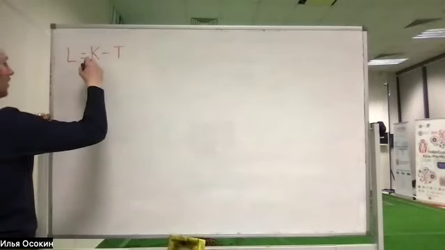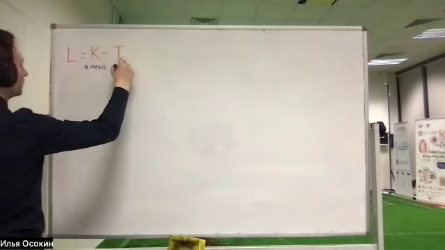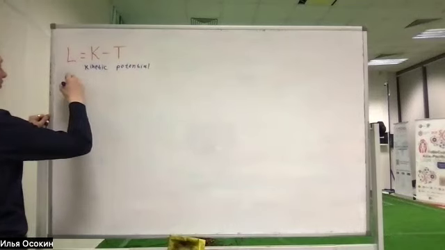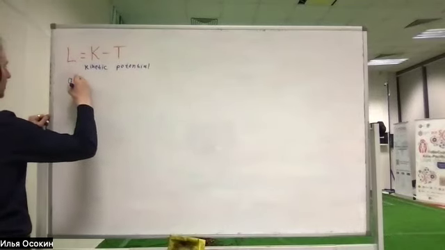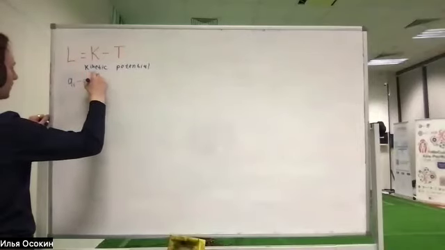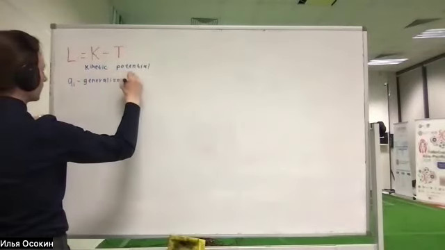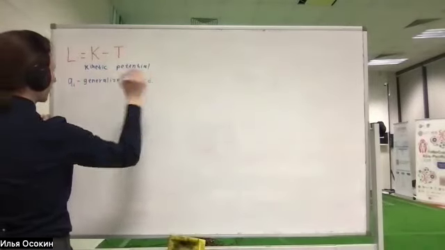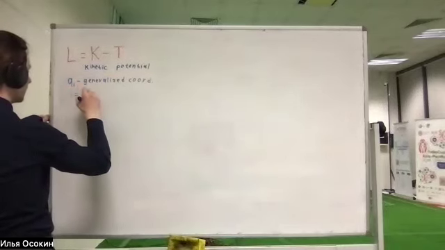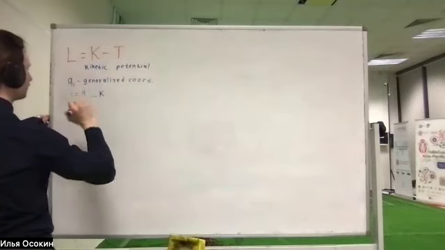So, kinetic, potential, and q sub i is a generalized coordinate. i runs from 1 through k.